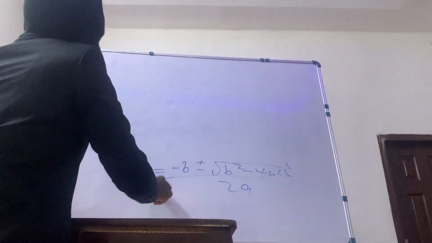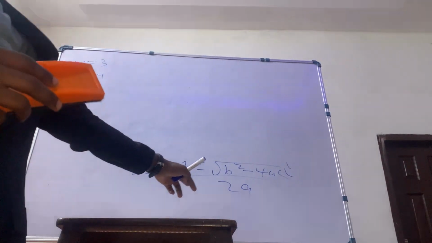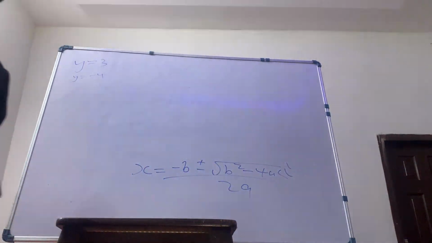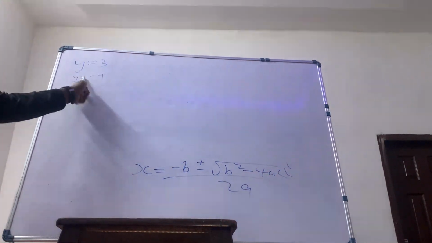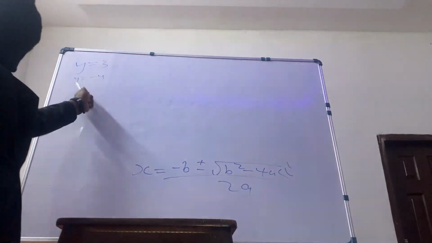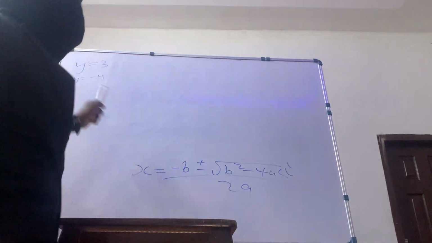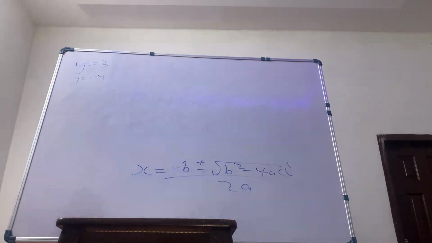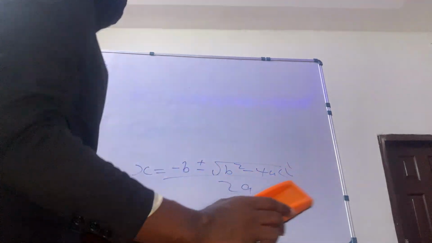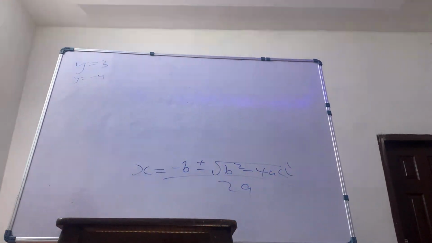I think you can see the formula. x is equal to minus b plus or minus square root of b squared minus 4ac over 2a. By applying this formula, we are going to get the same result. Now this is how we gained our quadratic formula. Nothing to worry, easy step, just completion of the square.